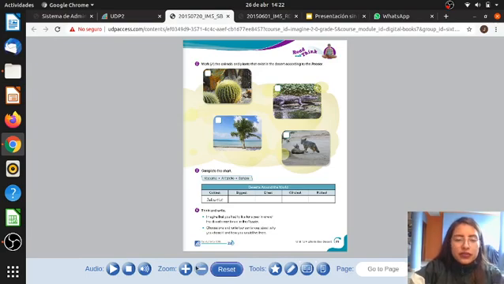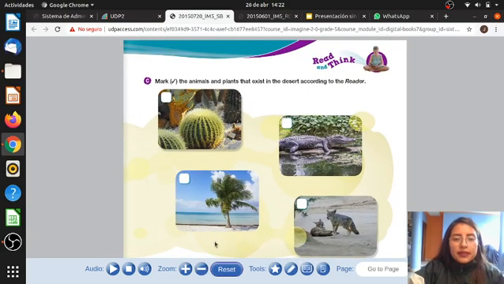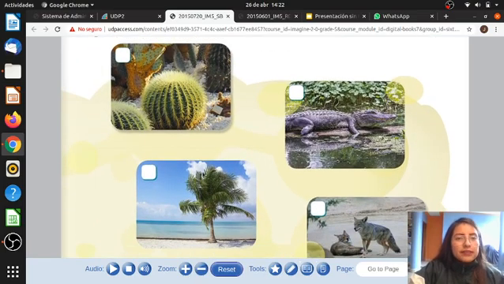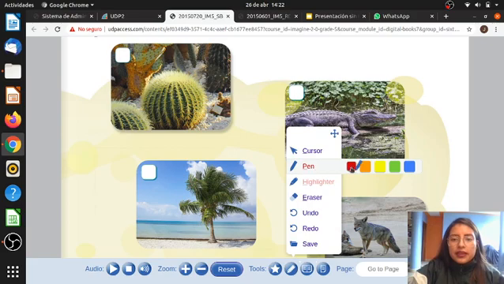Did you finish your task? Okay, let's check. According to the reading, it was talking about... Okay, let's start with cactus. Very good. These plants are so common in the desert.